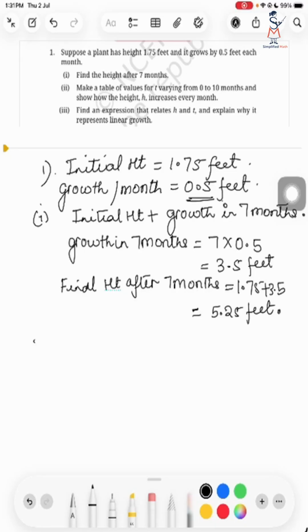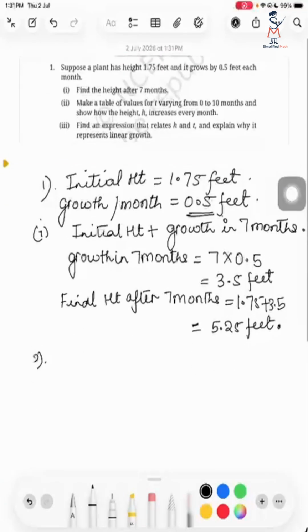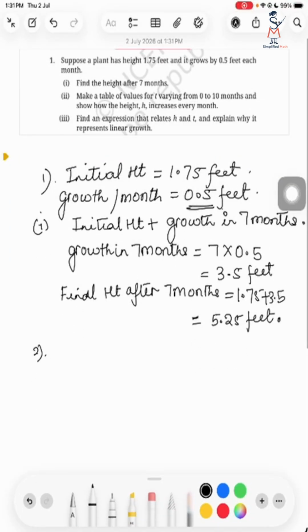Now the second part. The second part states that you have to make a table. You have to make a table of values of T varying from 0 to 10 months and show how the height increases every month. So we will make a table for that.